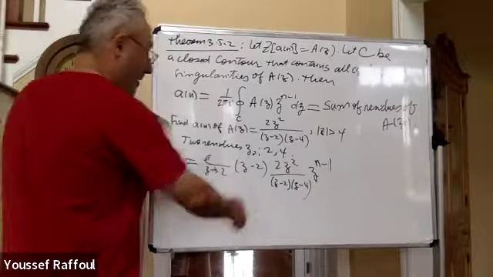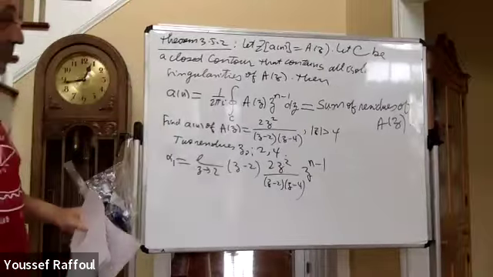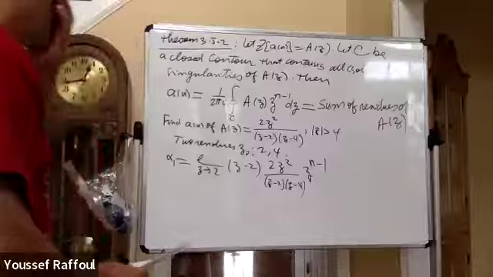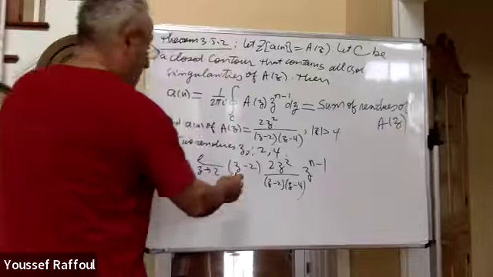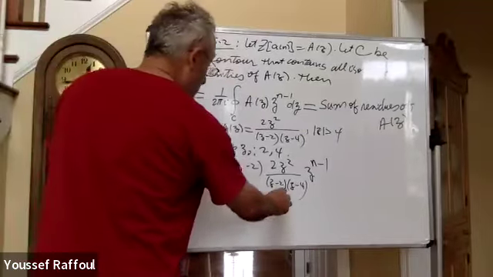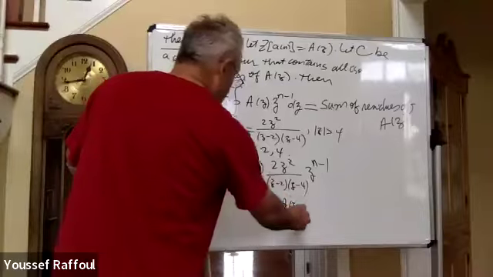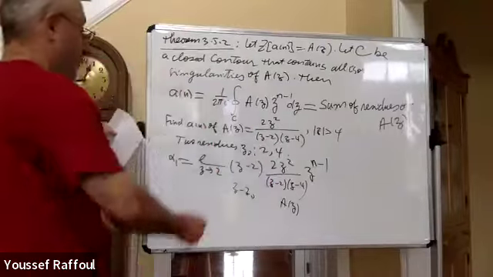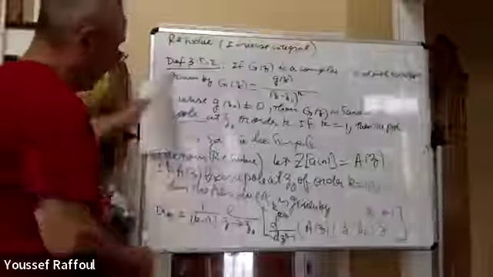Look, write it down and let's flip the board. Remember, this is z minus z naught, that is a z, and that is z to the n minus 1. Let's flip.